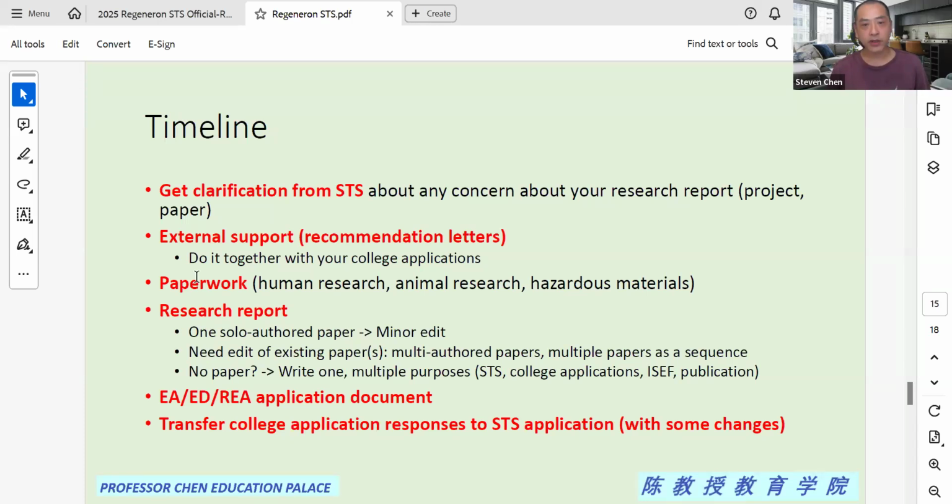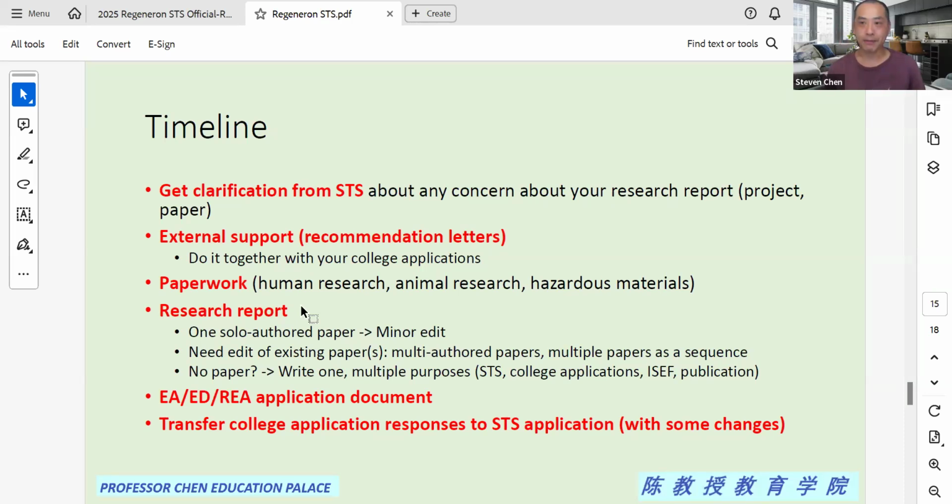And in particular, there's one thing I want to particularly mention. So for animals or hazardous materials, I think this is common sense. We know that we need to get a clearance, we need to complete the paperwork. And also, please note about human research. So human research not just includes those say I collect the human tissues, right, to do some scientific research, but also this includes some other kind of human-related research that many students ignore.